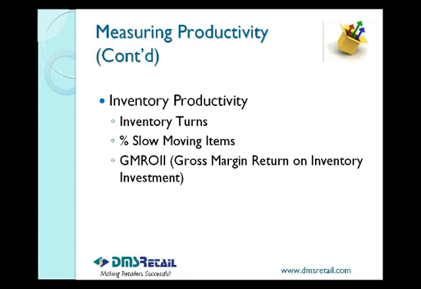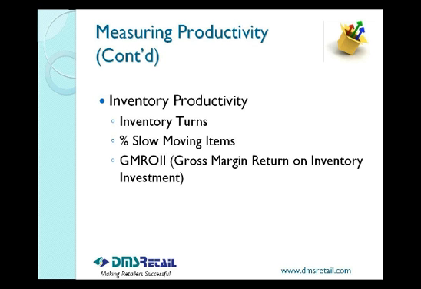Now, when we look at inventory productivity, which, after your payroll, is probably the largest investment you make in your retail business, we almost automatically look at turns. How many times are we turning our inventory? You can go all the way from the total store or total company level down to categories, subcategories, even right down to SKU level because of very sophisticated computing systems nowadays.